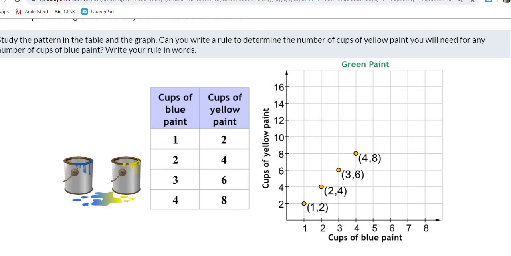You're multiplying the blue times 2, and that's telling you how much yellow.